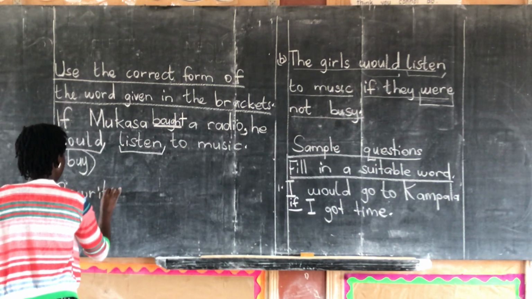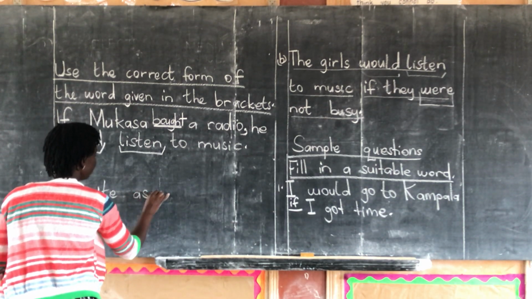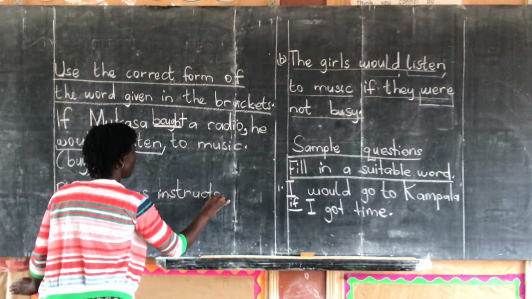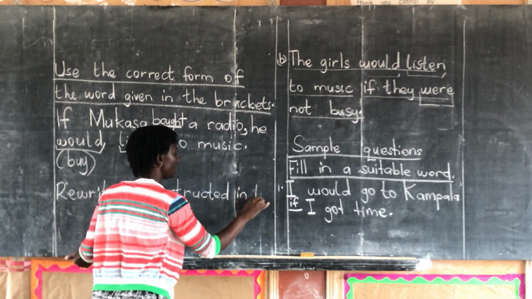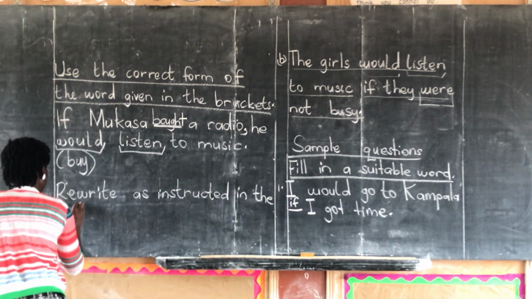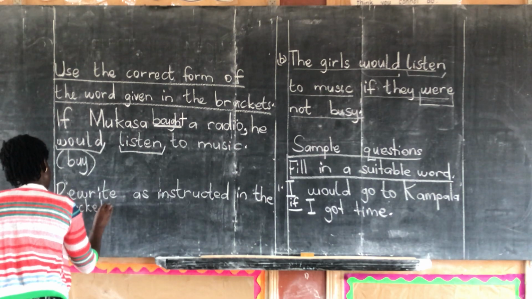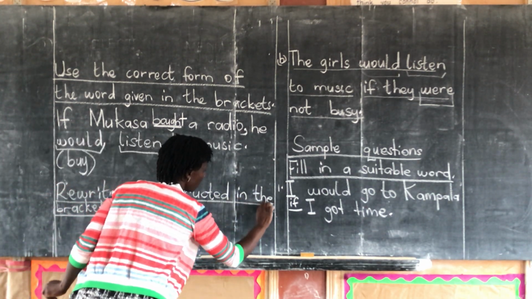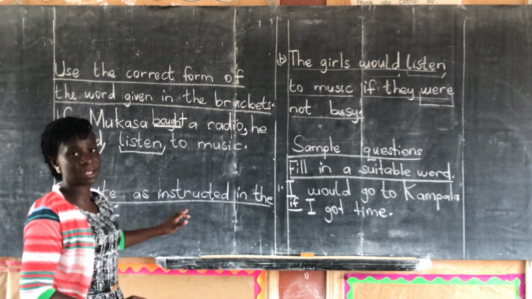They could say, rewrite as instructed in the brackets. This is normally at question 31 to 56, subsection 2.